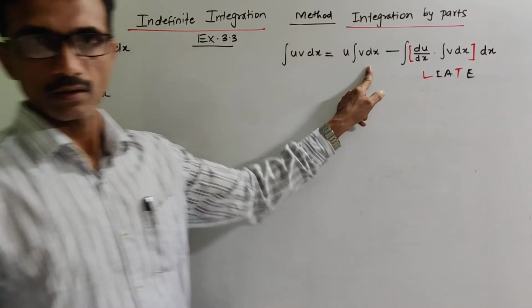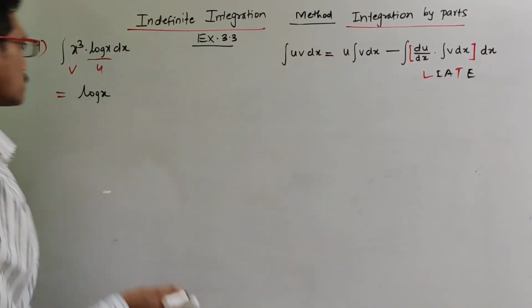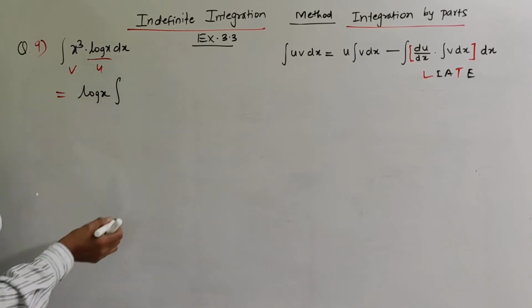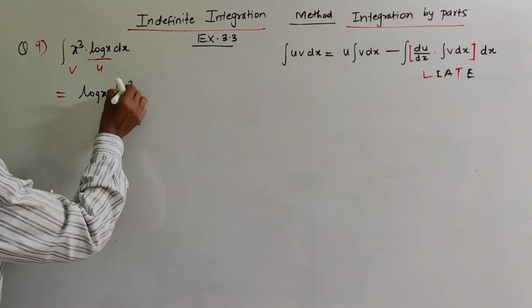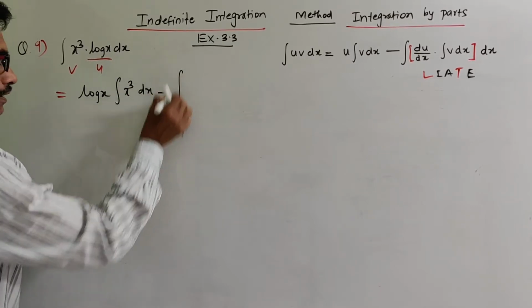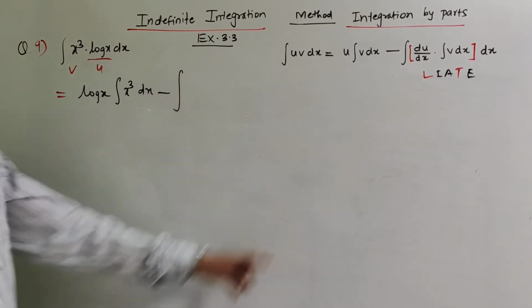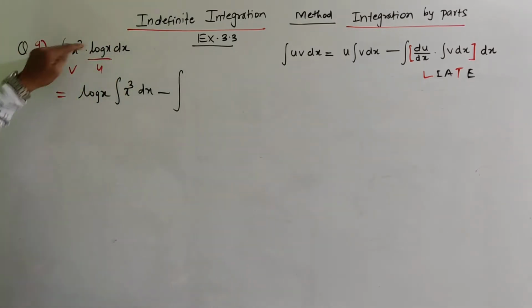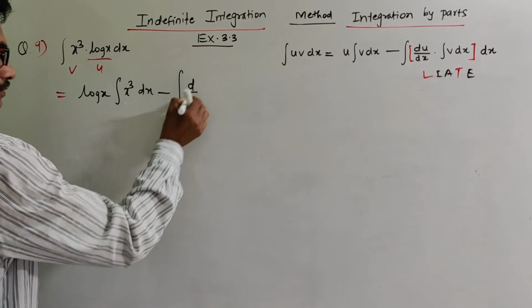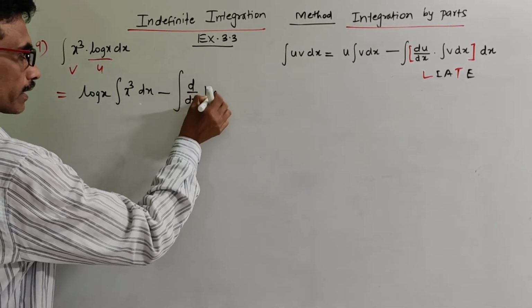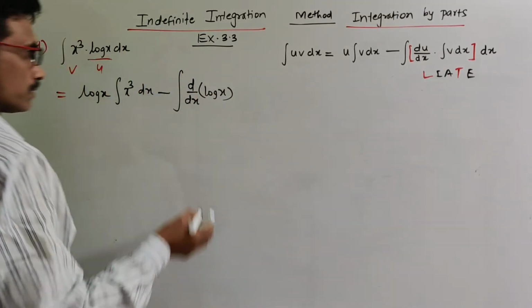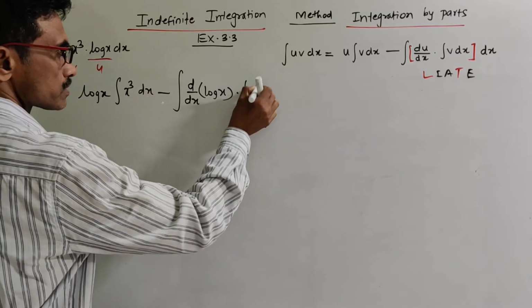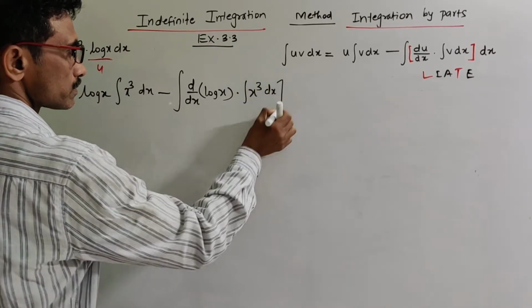We use this rule, that is integration by parts: u into integration of v, integration of v meaning x cube dx, minus integration of derivative of u. So derivative of log x, so d dx of log x into integration of v, so integration of x cube dx.